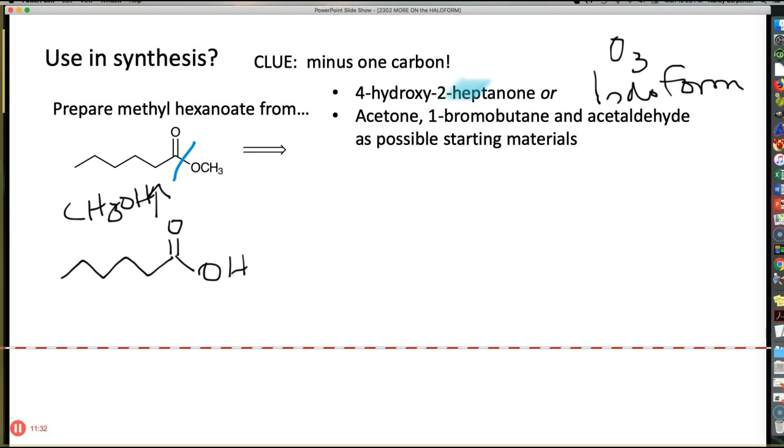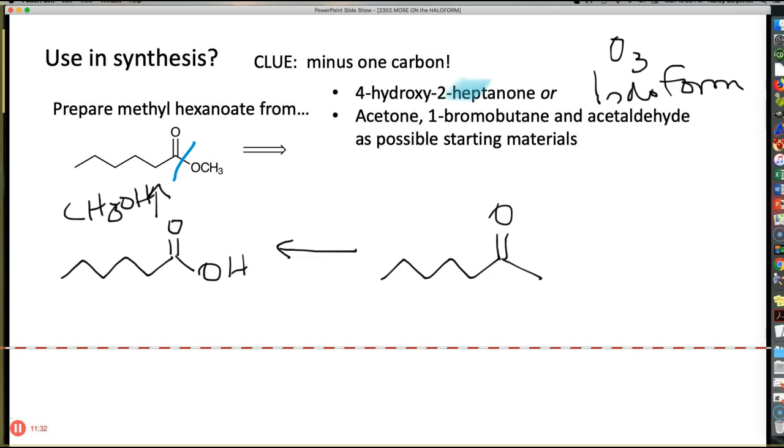Well, thinking of the fact that I have to lose a carbon at some point makes sense to me that I could do this by the haloform reaction. In other words, maybe I am going to make this hexanoic acid from a heptanone, the heptanone shown here.